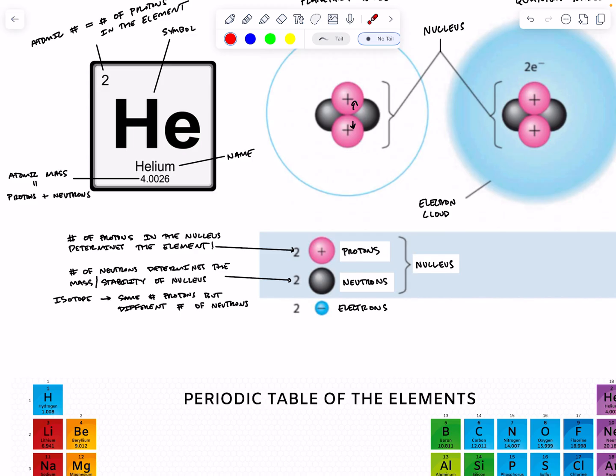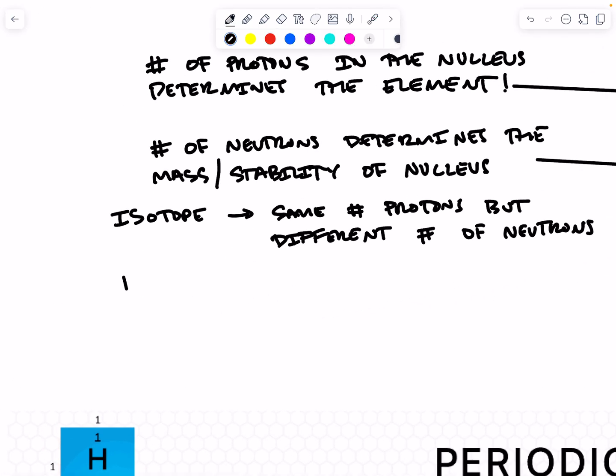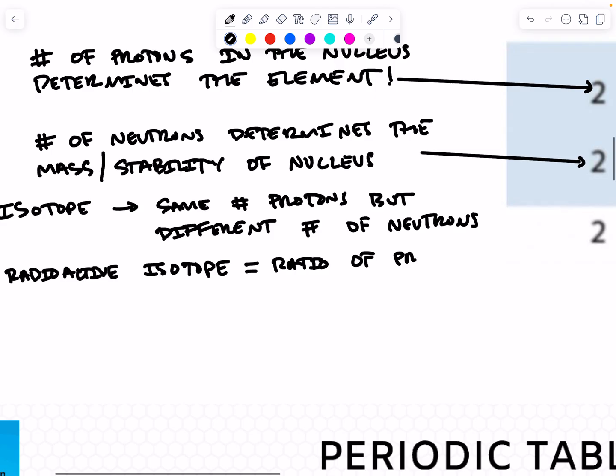If you have an unstable number ratio of protons to neutrons, you create what's called a radioactive isotope. This is where the ratio of protons to neutrons is unstable.